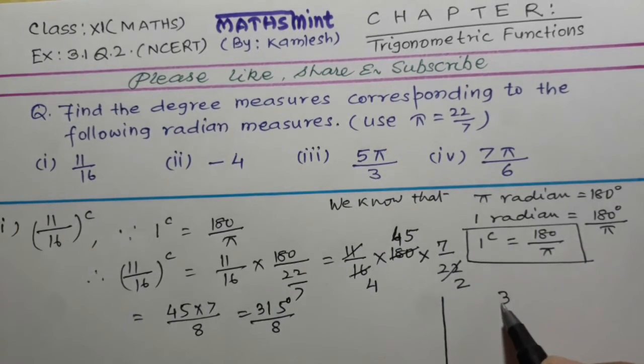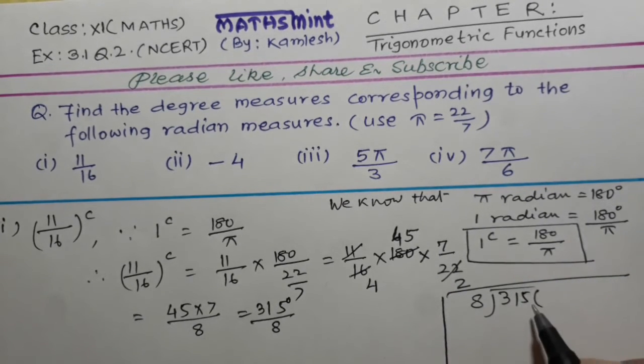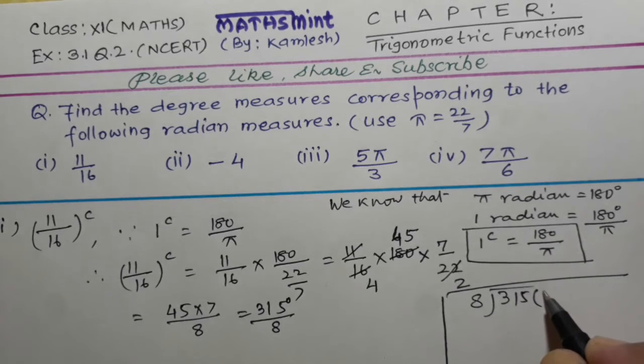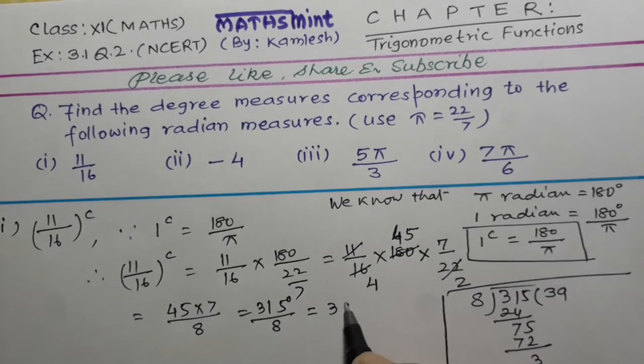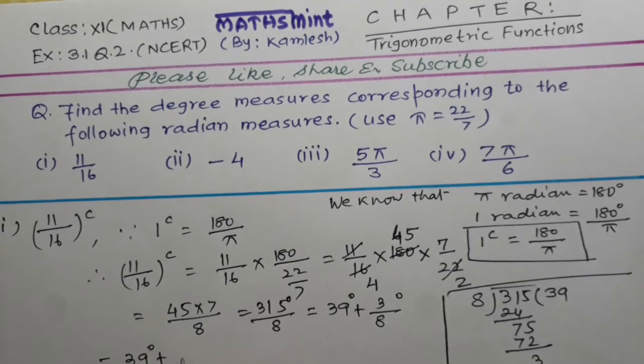Now 315 will be divided by 8. 8 threes are 24, it will be 7, 5 will come, 8 nines are 72, it will be 3, so it will be 39 degree plus 3 by 8 degree. Okay, it will be 39 degree plus 3 by 8 into 60.